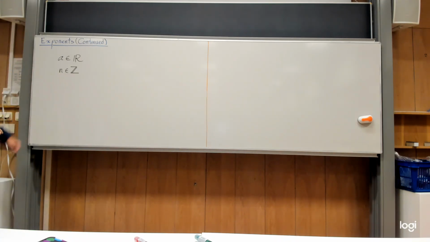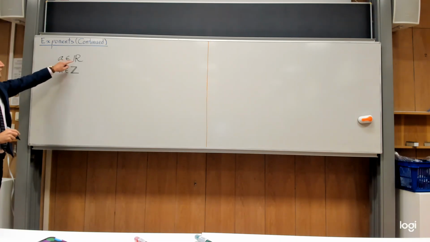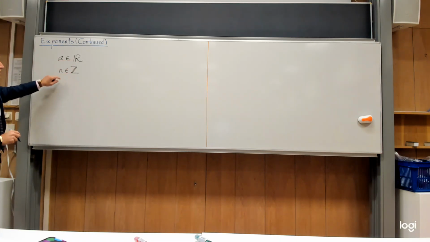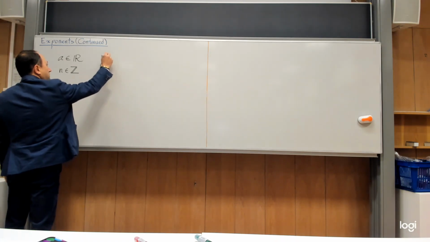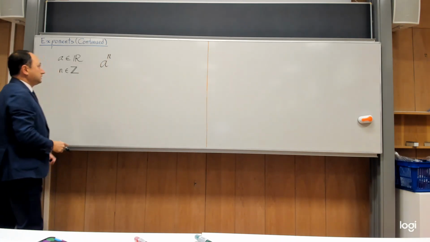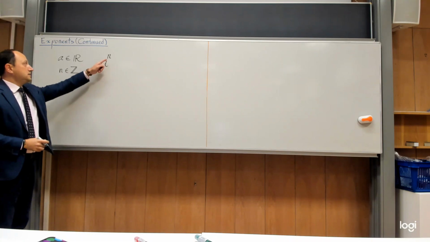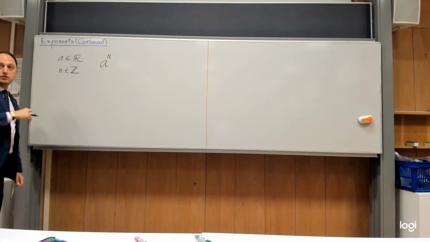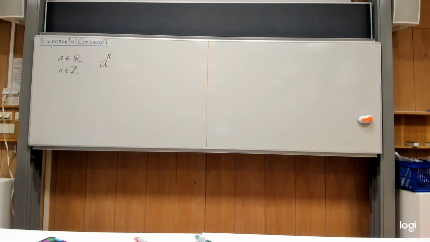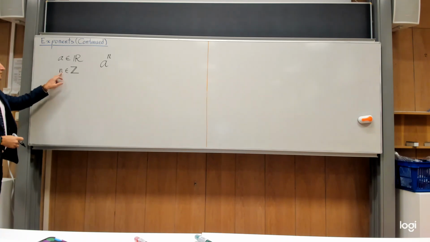Okay, so if A belongs to R, n belongs to Z, then we were able to talk about a to the nth power. We call this one the base and this one the exponent, and the whole expression we call an exponential or a power. Of course we need to consider three scenarios.